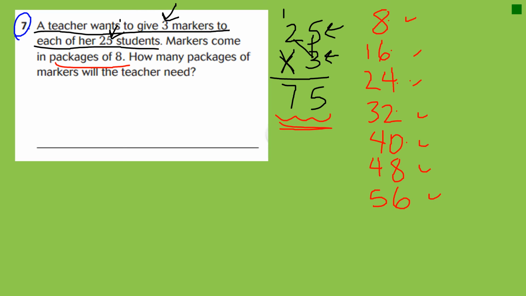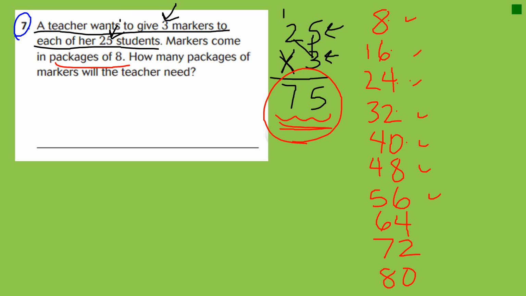What's the next multiple of 8 after 56? 57, 58, 59, 60, 61, 62, 63, 64. Oh, that's right. 64. And then 72. Oh, wait, what did we have to get to again? Oh, 75. Because the next one's 80. Okay.